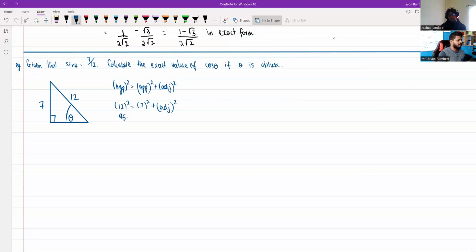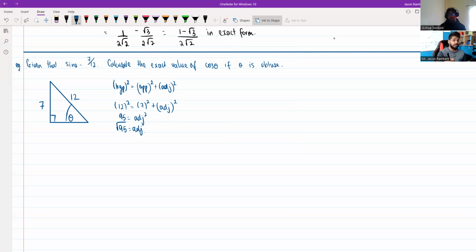So 95 is equal to the adjacent squared. Root 95 is the adjacent. Now, if you want to overdo it a little bit, and nothing is wrong with this, it's plus or minus the root of 95. And then it's plus root 95 since lengths are positive.